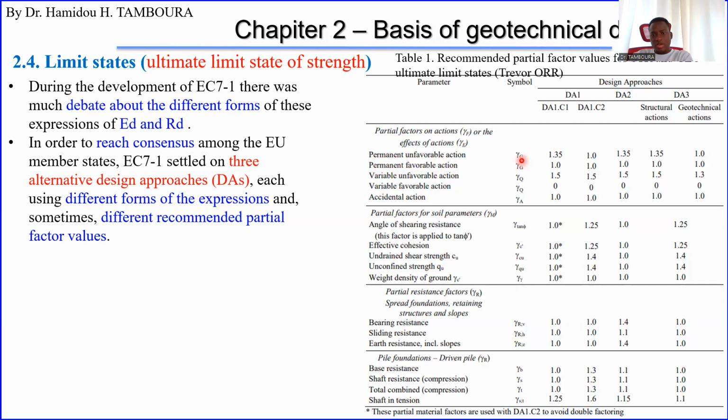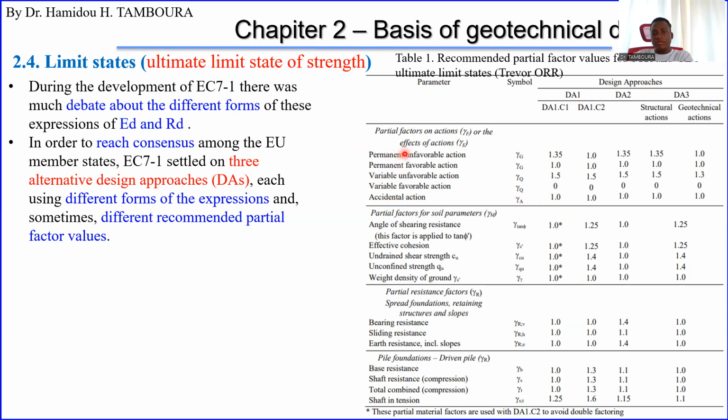The G means here the permanent action. But variable actions, for example snow or wind, are represented by Q, and the accidental action by A.